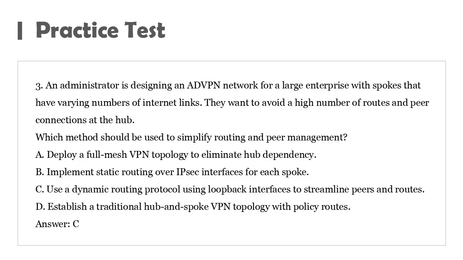B. Implement static routing over IPsec interfaces for each spoke. C. Use a dynamic routing protocol using loopback interfaces to streamline peers and routes. D. Establish a traditional hub and spoke VPN topology with policy routes. Answer: C.